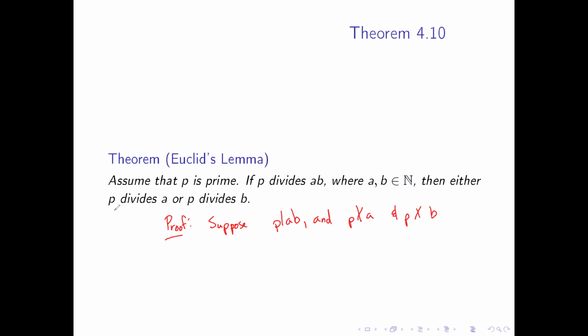Because I'm supposing the not part, and not or means it cannot be true for one and not true for the other one. We then have to show that this is a contradiction. So this thing right here means that there exists an integer k such that pk equals ab.